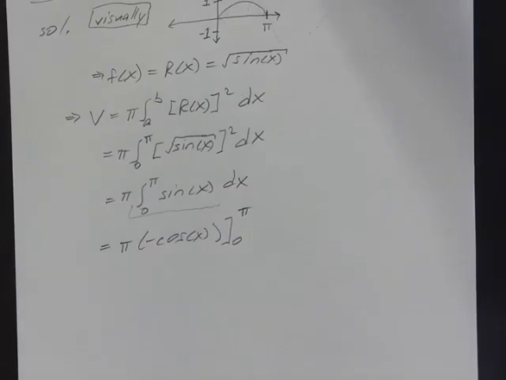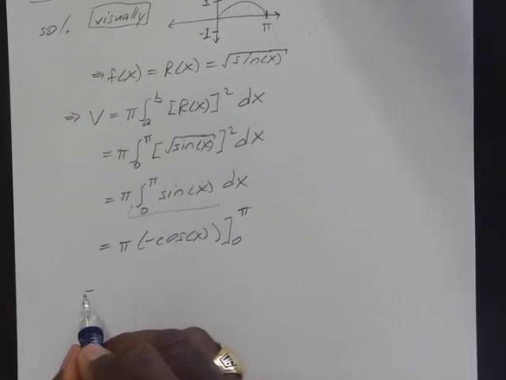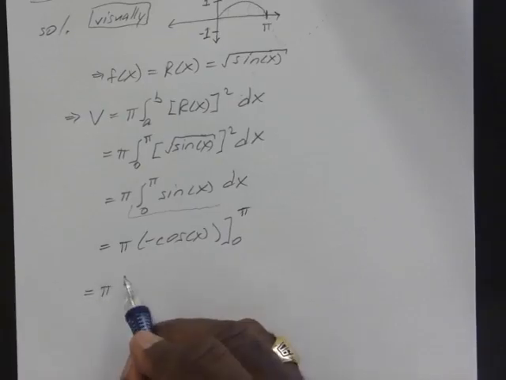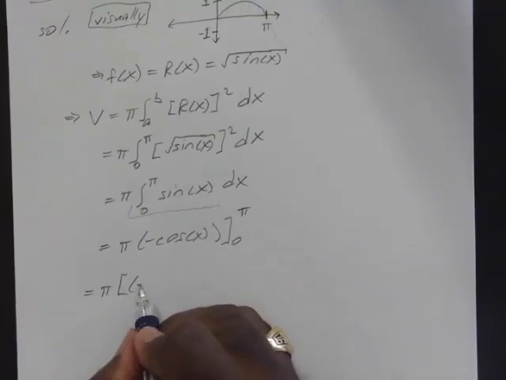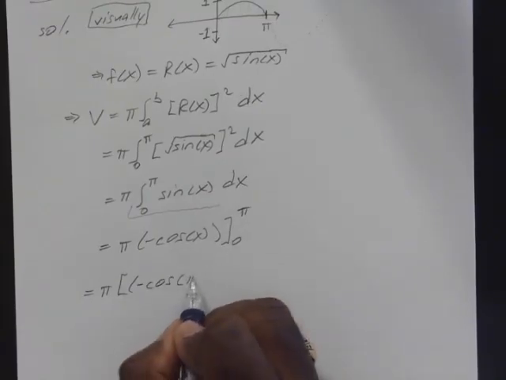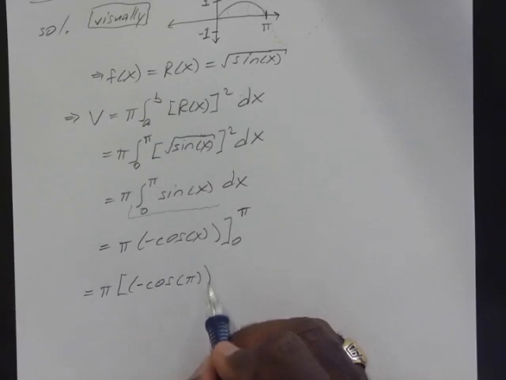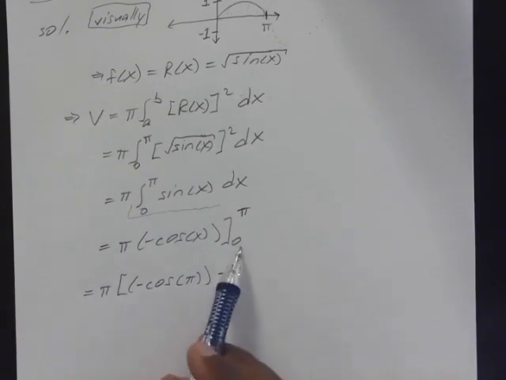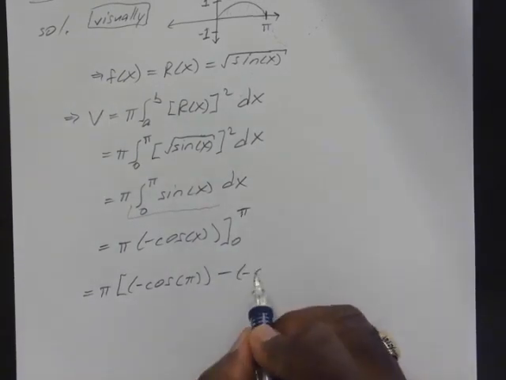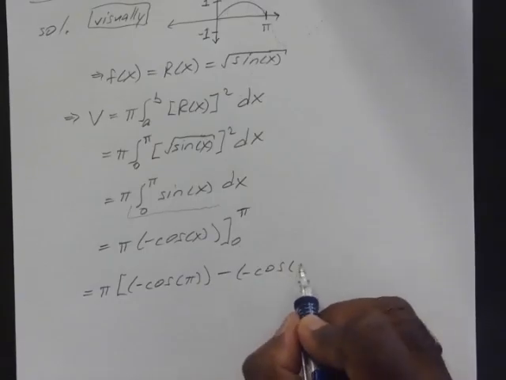From there, we just apply the fundamental theorem. So we have pi times, plug in our upper bound, it's negative cosine of pi, minus, plug in our lower bound, negative cosine of 0.